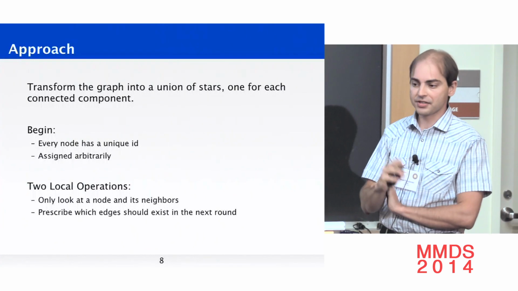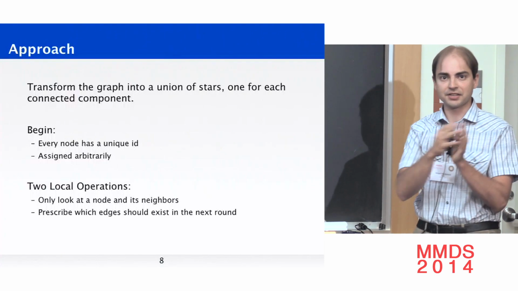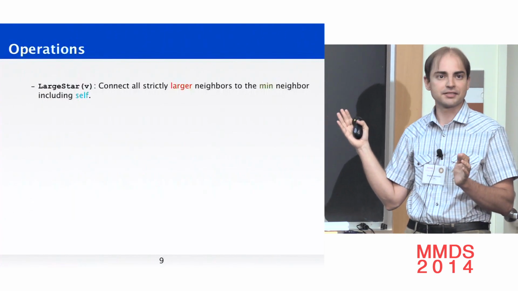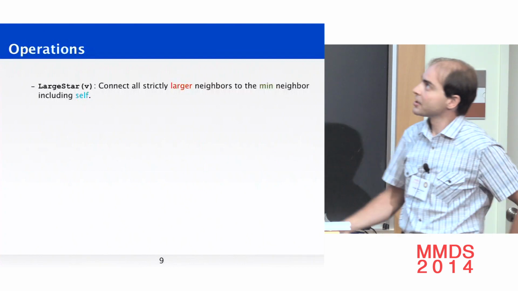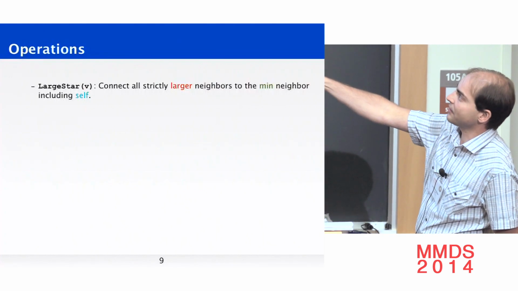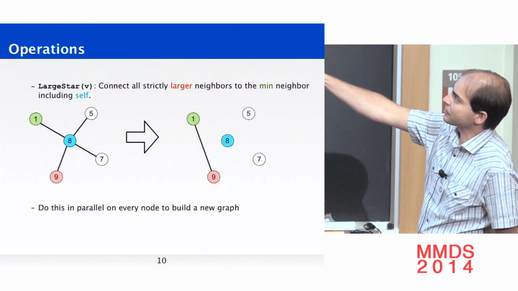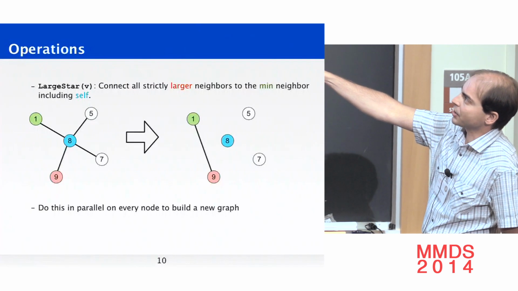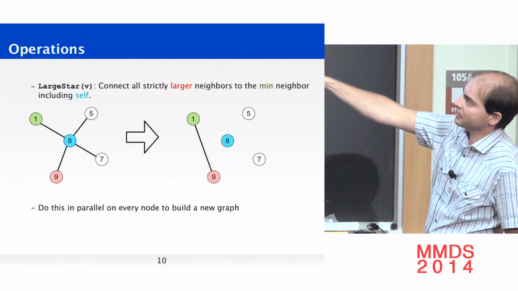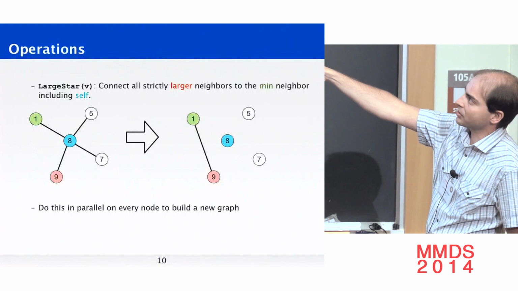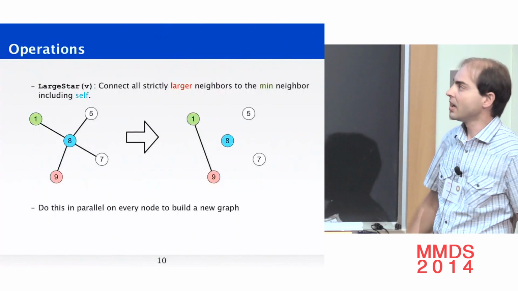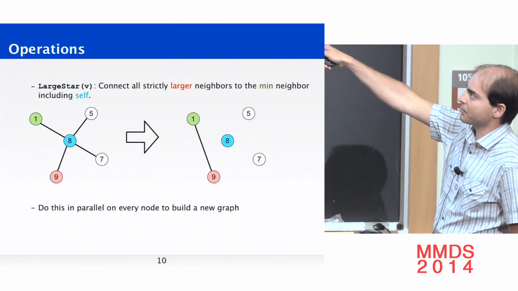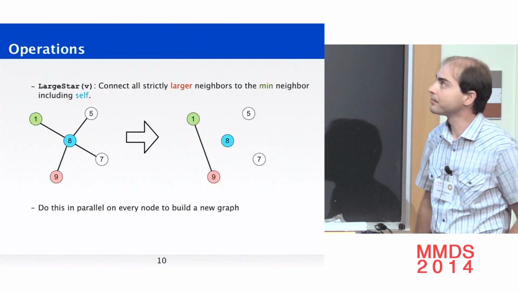So here's the first operation, and I'm going to describe it in a number of different ways. And we'll see what it does. So the operation is the following. I have a node, this blue node in the middle, 8. I'm going to look at its larger neighbors, colored in red, and its smallest neighbor, colored in green. And I'm going to say connect its larger neighbors to the smallest neighbor that it has.